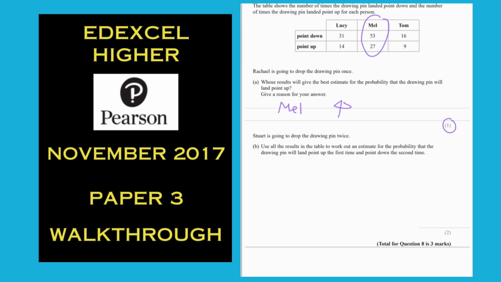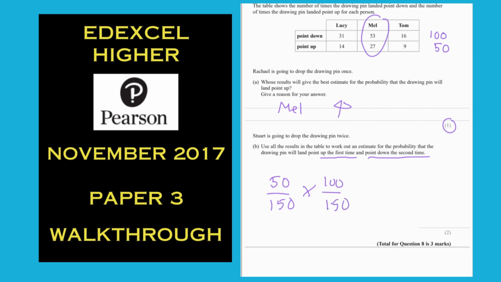So if you add up the top row, they got point down 100 times, and they got point up 50 times. So the probability that it lands up the first time is 50 out of 150, in other words, a third, times by pointing down.